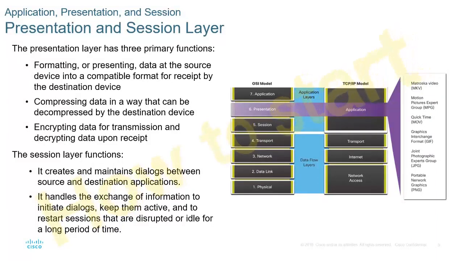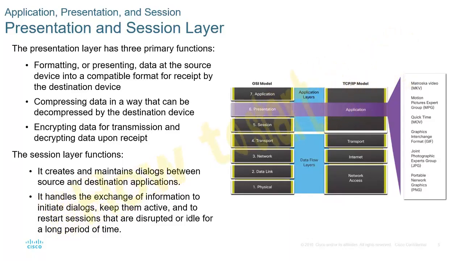If we're looking at the presentation and session layers, again, these still make up the application layer of both the OSI and the TCP/IP models. The presentation layer deals with the formatting and presenting of the data at the source device, and it ensures it's in a compatible format. Essentially, this is what builds out the file extensions.